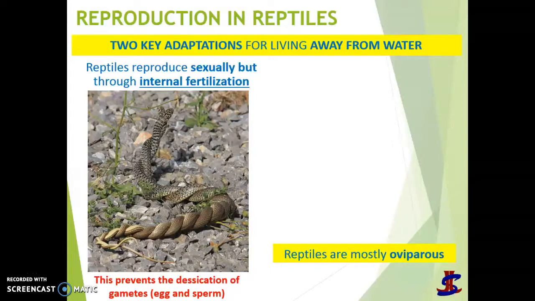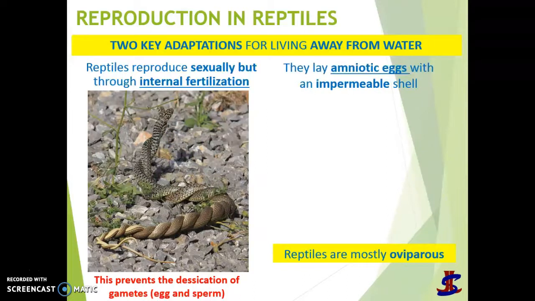This happens in water, so there is no risk of desiccation, but if this same process is going to happen outside of the water, then we have the risk of the eggs getting dry, of desiccating. So to prevent this, the adaptation of reptiles is that the fertilization is internal, within the body of the female.